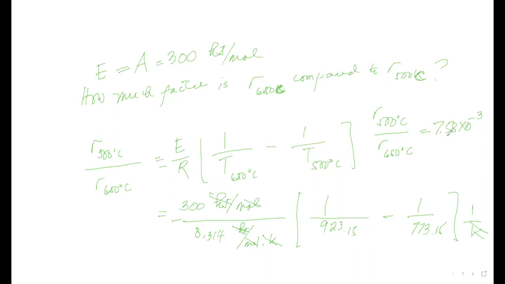So 1 over 7.58 times 10 raised to negative 3 is 132. 132 times faster than the rate at 500 degrees Celsius. Just the mere increase in temperature of 150 degrees Celsius, this is how much faster it is. So that's your answer: the rate at 650 is 132 times faster than at 500.